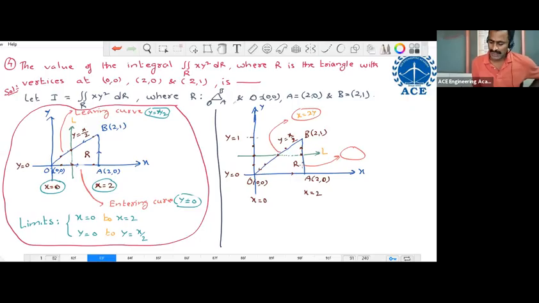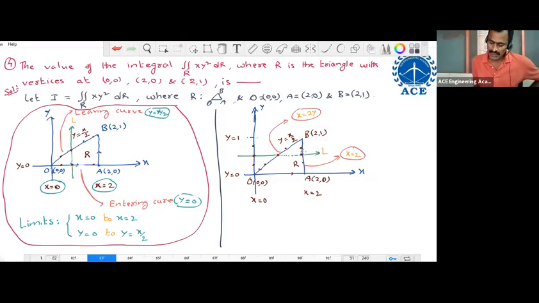From the leaving curve, x equal to 2, we already have x in terms of the other, that is x equal to 2. So the entering curve and the leaving curve give the limits of x. The entering curve gives the lower limit, and the leaving curve gives the upper limit.